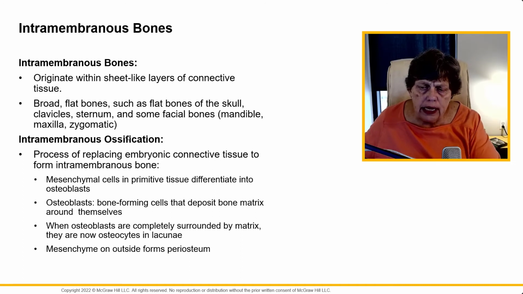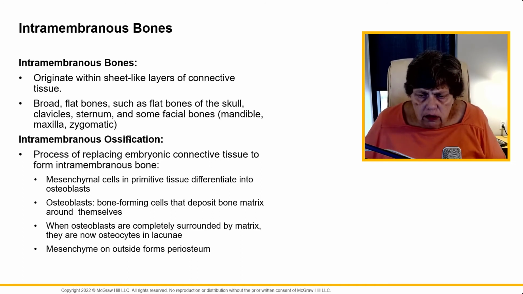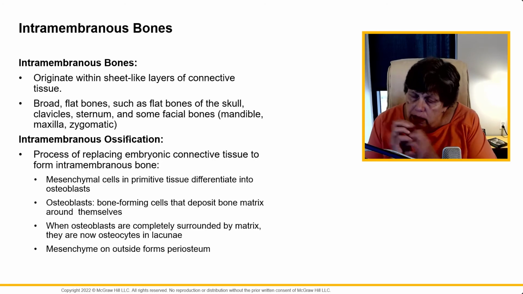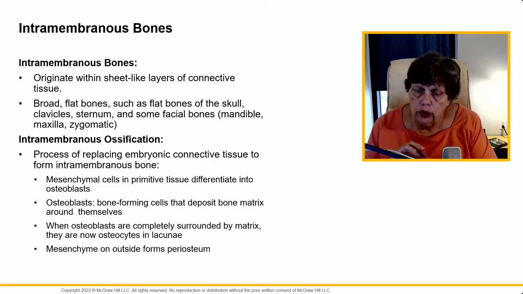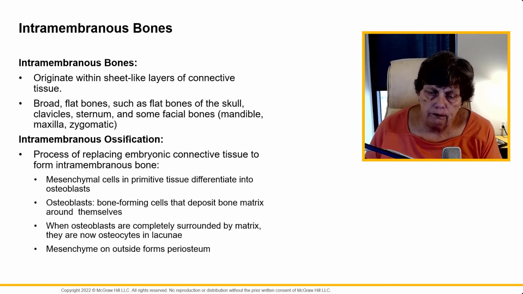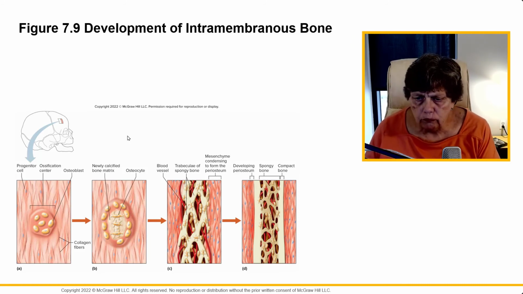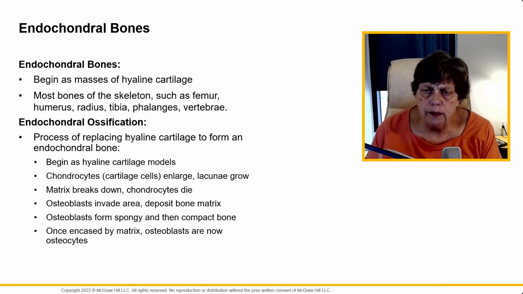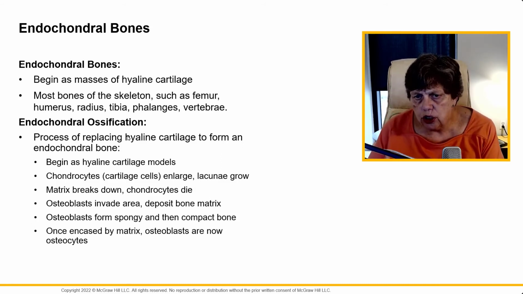So the osteoblast is going to deposit bone matrix around themselves. And then the blasts, when they're completely surrounded, they are now in that little pocket, in that little lacuna. And they live in there. Okay. And you can take a look at this picture. The endochondral bones, again, begin as masses of hyaline cartilage.